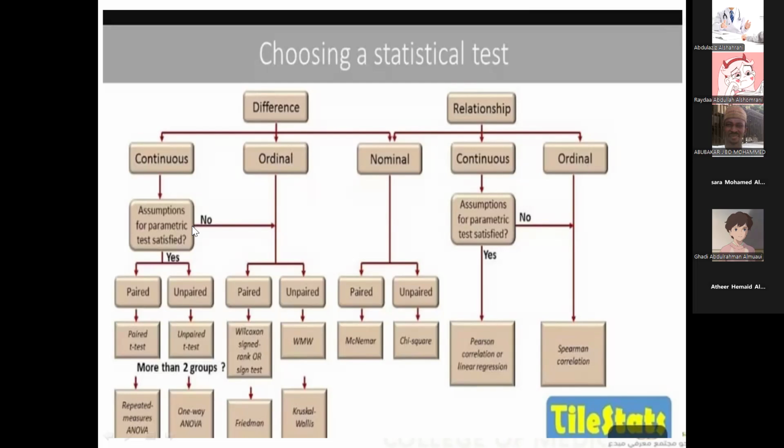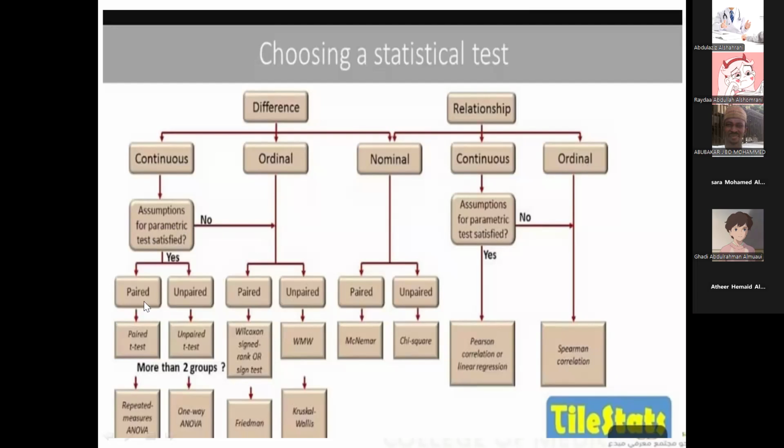You remember the normal distribution curve? If the data is normally distributed, that means your data meets the assumption of parametric tests. That is the next thing you ask yourself before you go to the statistical test. However, if the data is not normally distributed, that is asymmetrical, for example you have extreme values or skewed data, then you do not use parametric tests. Okay? So use the non-parametric test.